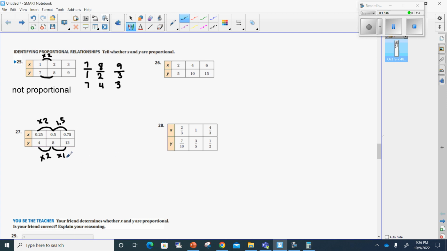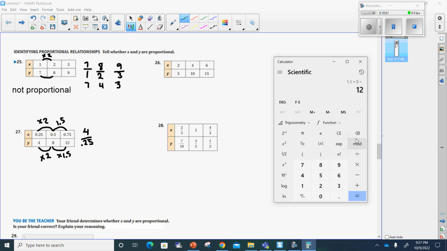So it looks like it's going to give us a proportional rate. Let's double check it another way, though. Let's try 4 over 0.25. This would be 4 divided by 0.25. That equals 16.